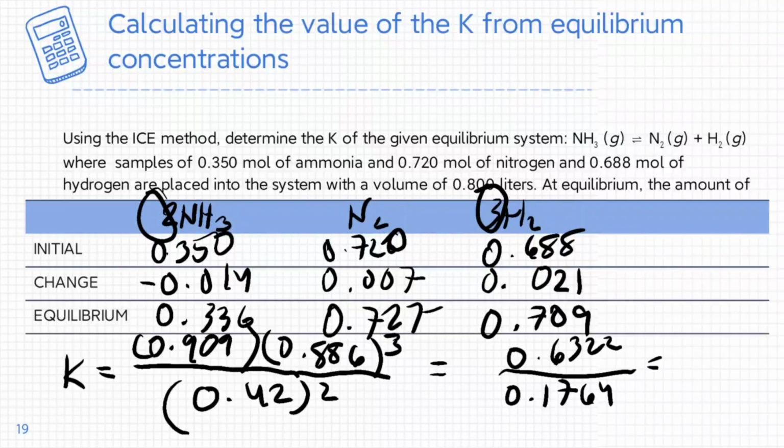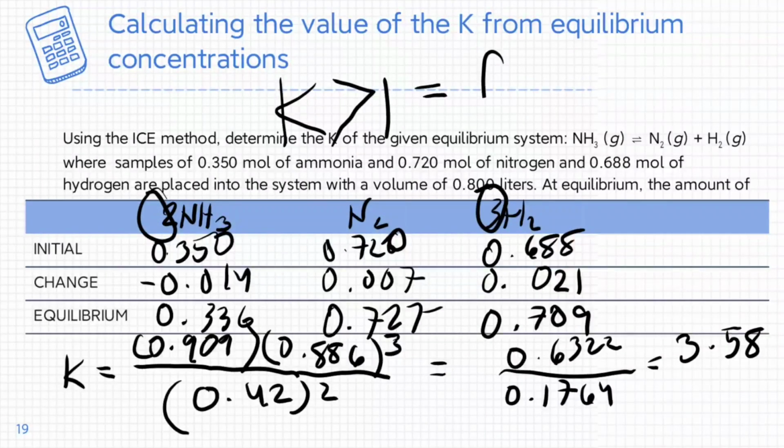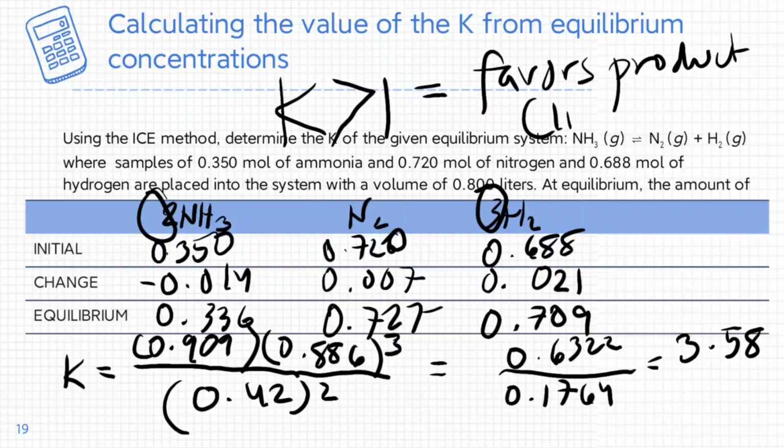So, you divide that, you will get equilibrium is equal to 3.58. So basically, your equilibrium constant is greater than 1. That means it favors your products. So basically, it lies to the right.